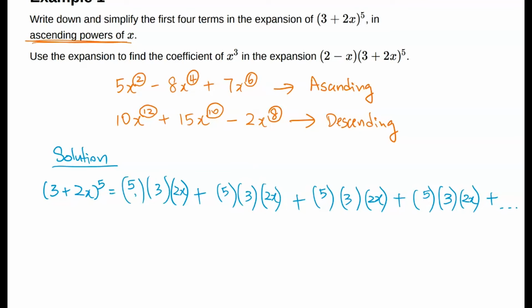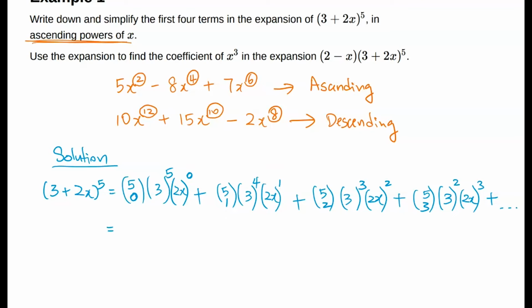We know that this number goes from 0, 1, 2, 3. Within the powers, this is 0 and 5. This is 1, 4. This is 2, and 5 minus 2 is 3. This is 3 and this is 2.